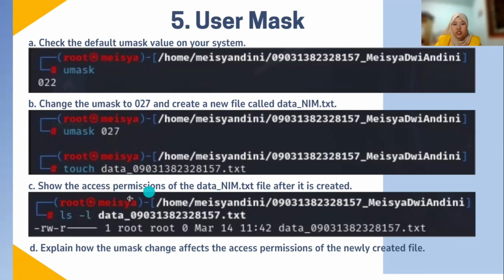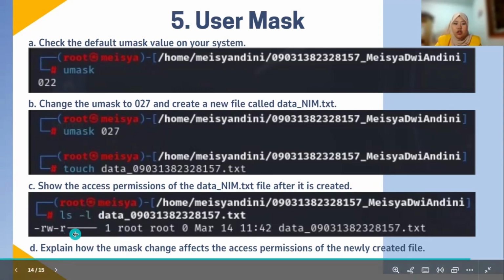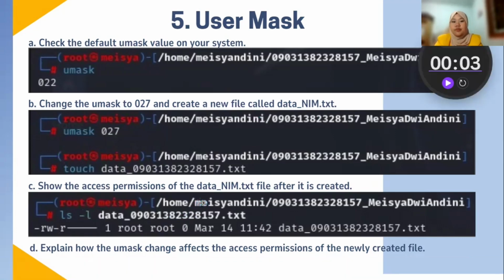I use the ls -l command, space, file name to see the access, which is rw-r-----, and explain how the umask change affects the access permission of the newly created file.